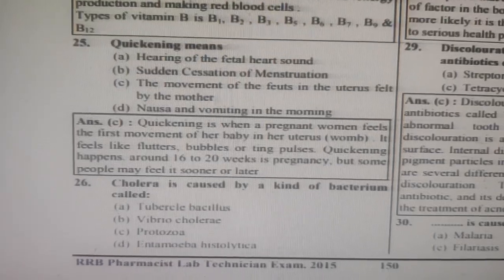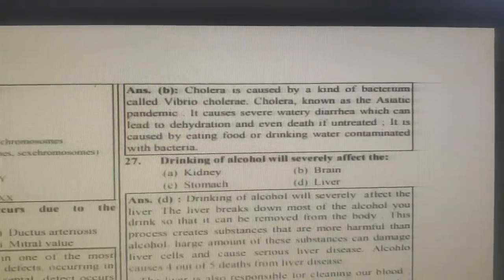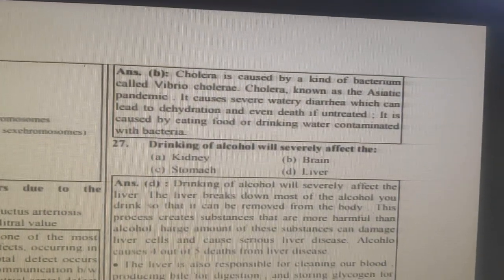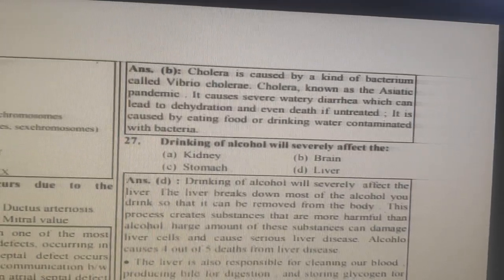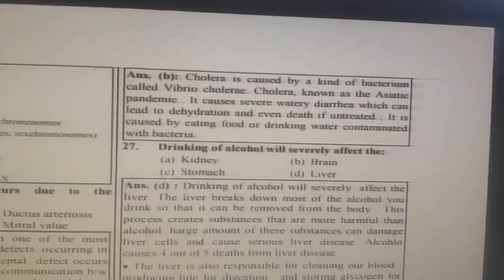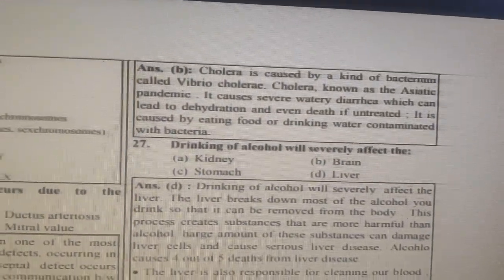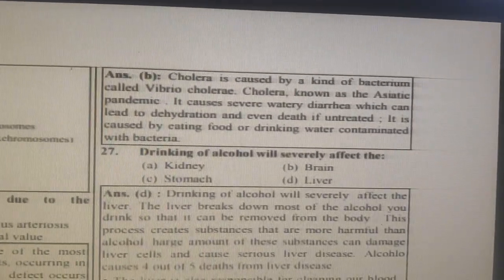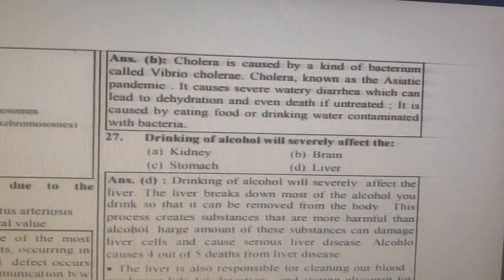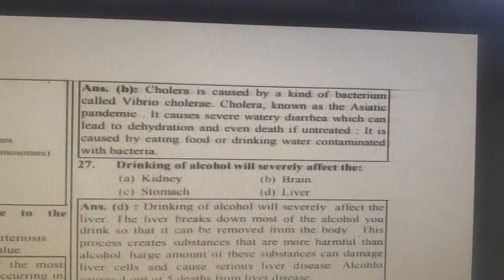Cholera is caused by the bacterium Vibrio cholerae. Cholera is known as a pandemic disease. It is a severe watery diarrhea which can lead to dehydration and even death. It is caused by consuming food or drinking water contaminated with bacteria.